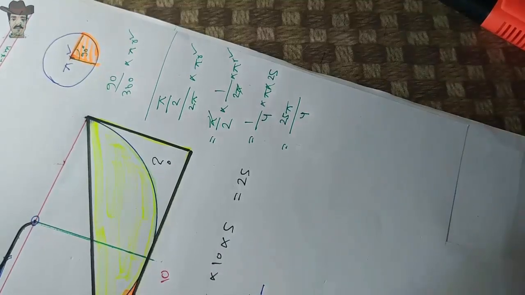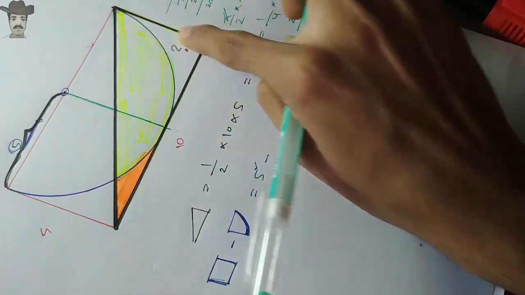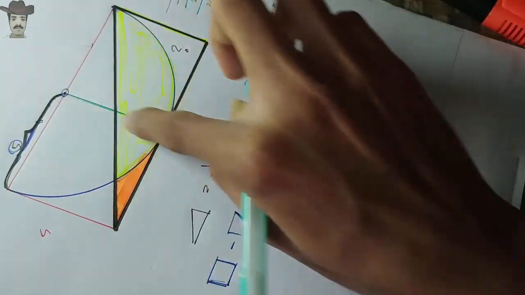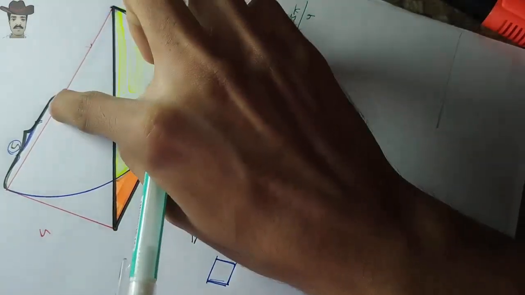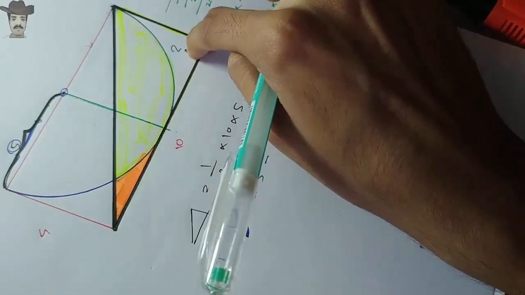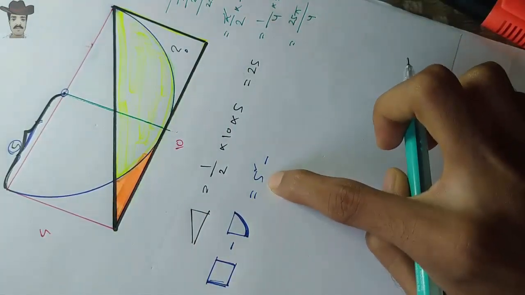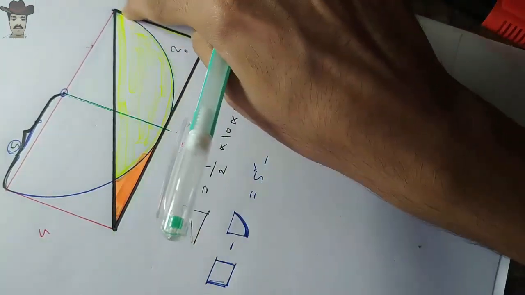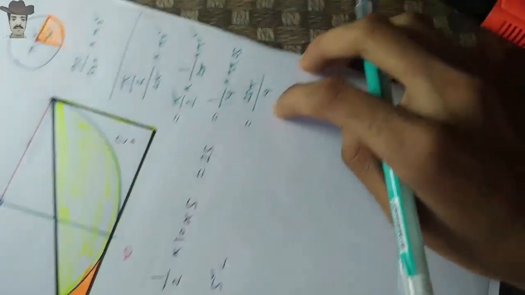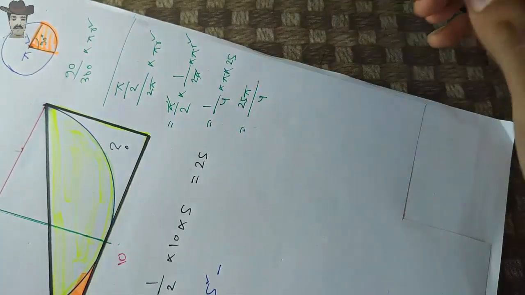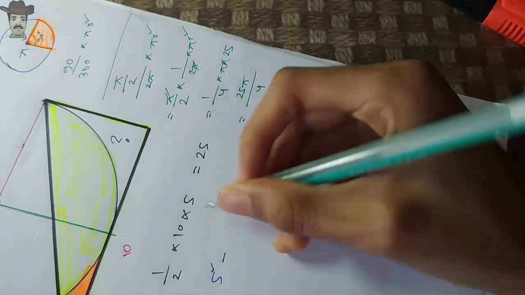So remember, we wanted to subtract this circular sector from this square. The area of the square is simply 5 squared. Now we have to subtract this circular sector, whose area we have derived to be 25 pi over 4.